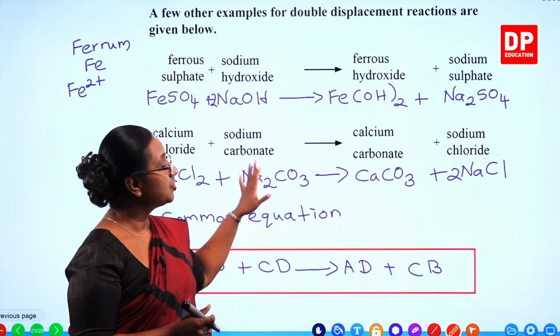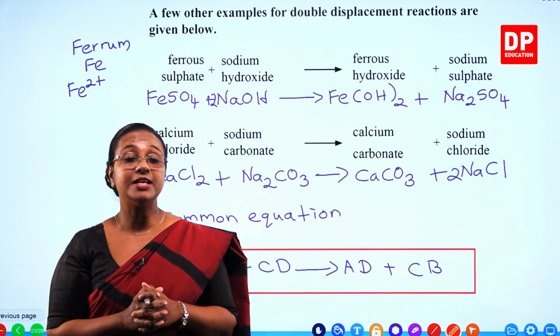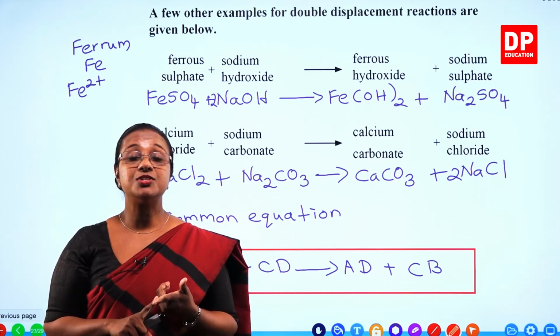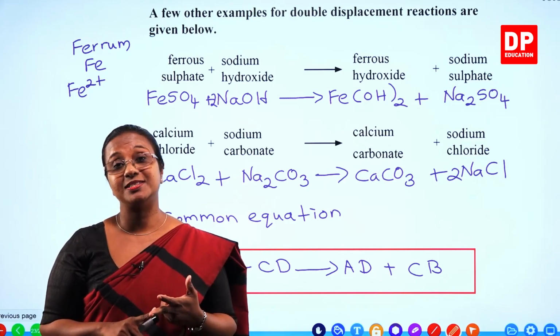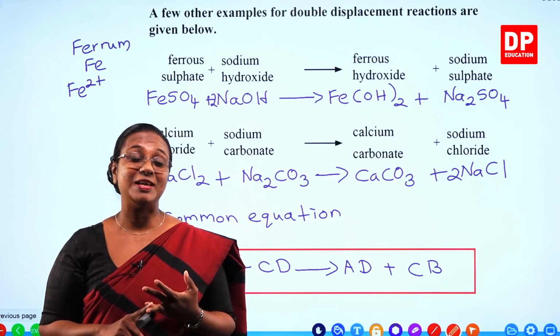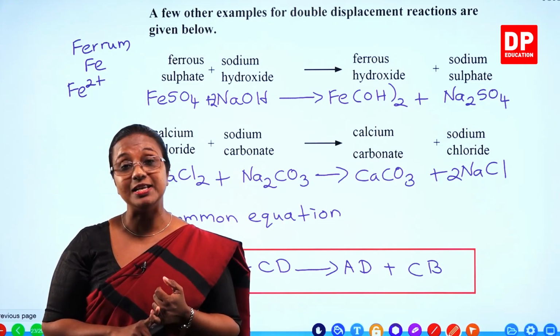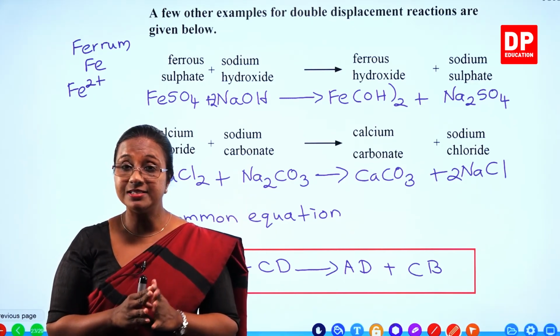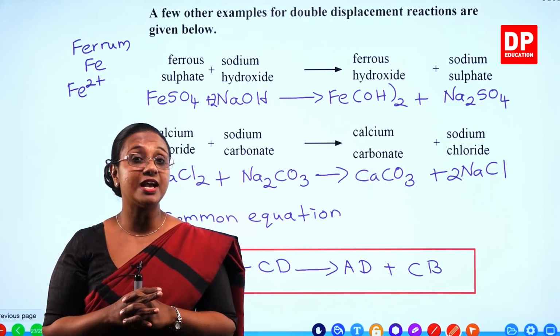Okay, students. So those are the 4 different types of chemical reactions. The chemical combination reaction, chemical decomposition reaction, single displacement reaction and the double displacement reaction. I am sure now you all have a very good understanding about the 4 types of reactions.